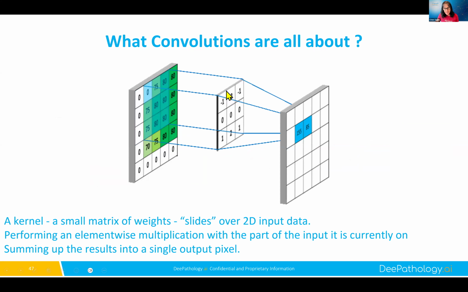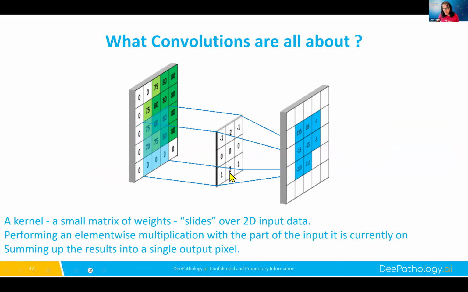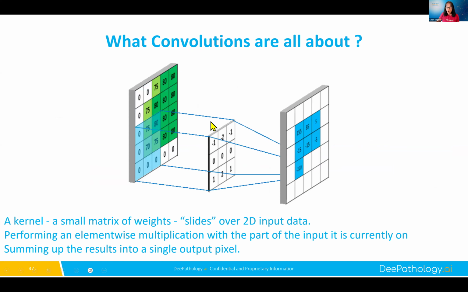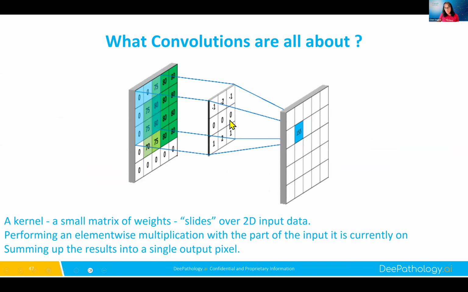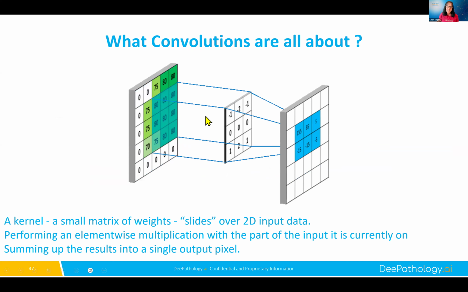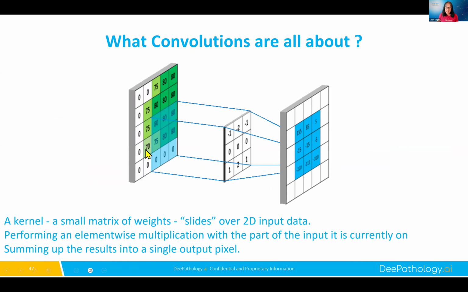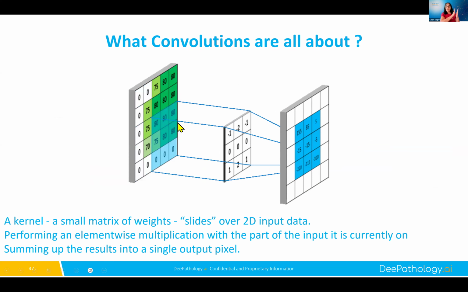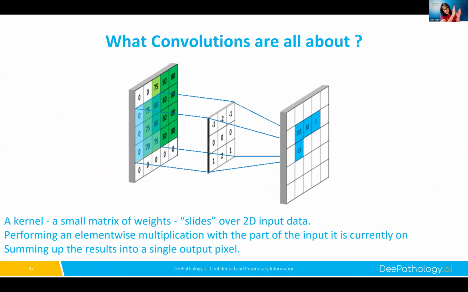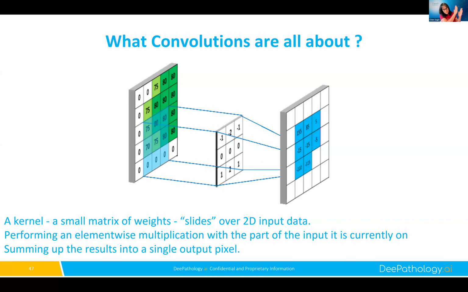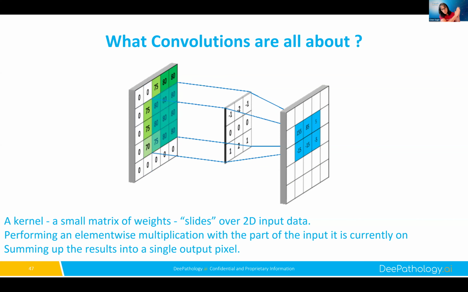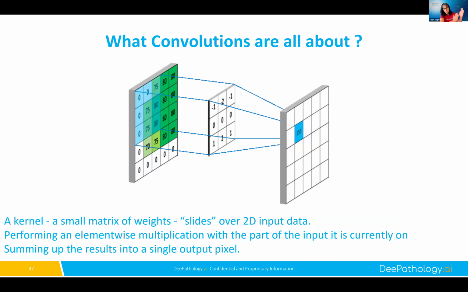We create some kind of basic structure, the filter, and we want to see how much of it is actually in the image and where. How do we do that? We move this filter and we put its center each time on top of another pixel of the image. So it slides over the image.